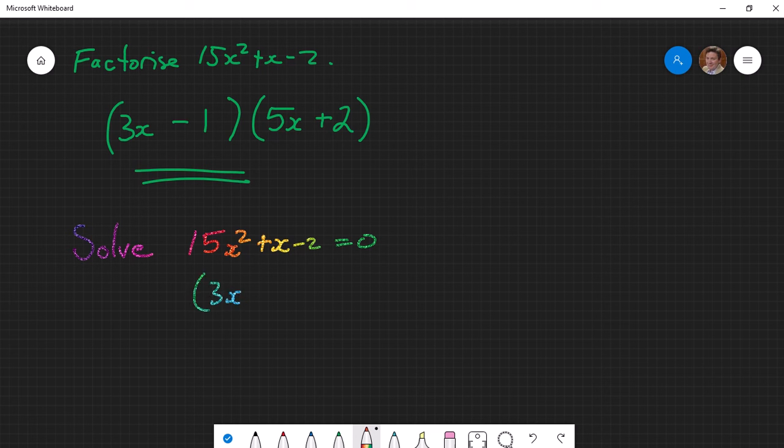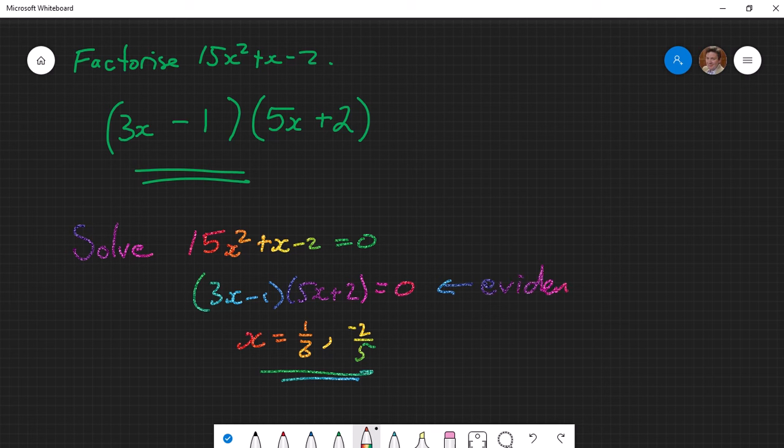I'll do my brackets. And then the solutions would be the solutions from the calculator. And that's all you would need to write, with this line being evidence of method.